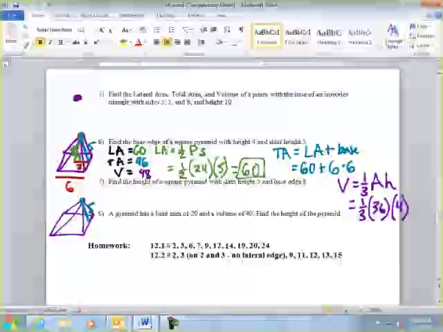And we know that we have a base edge this time of 8. We are asked to find the height. And the height goes from that top point right into the middle of the shape on the bottom. So what can we do to find that height?